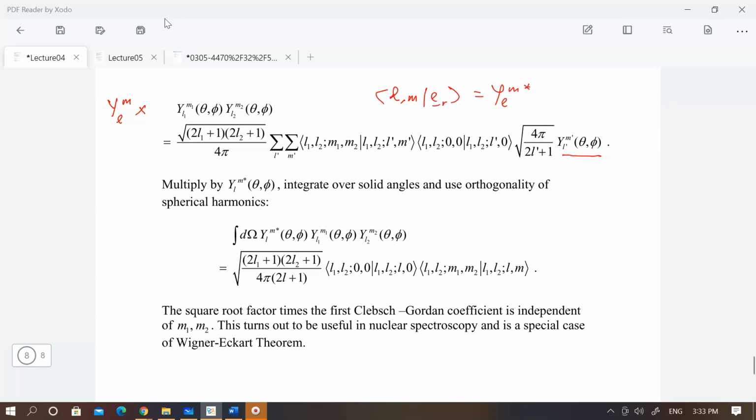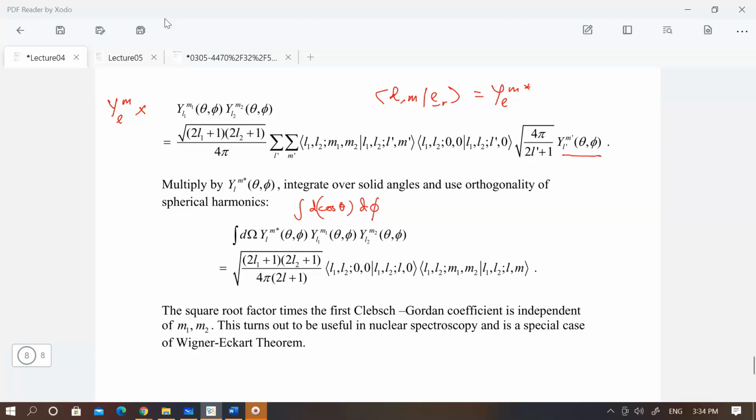So I get the multiplication of that, and then that should be integrated over theta and phi to get rid of your theta dependence and your phi dependence. You integrate over the solid angle, so this is just your d cos theta d phi.